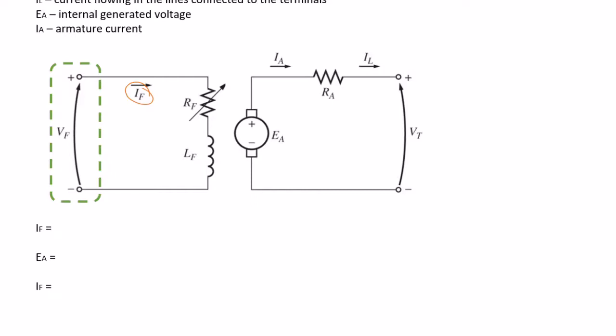We can simply derive that IF is equal to the voltage VF divided by the resistance RF. So IF equals VF divided by RF.